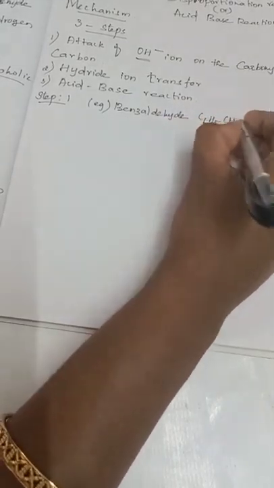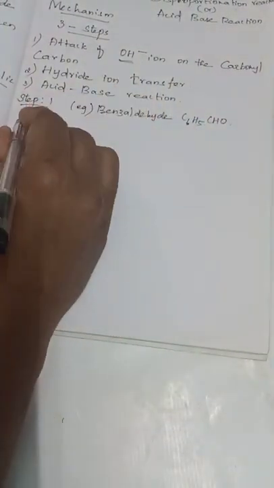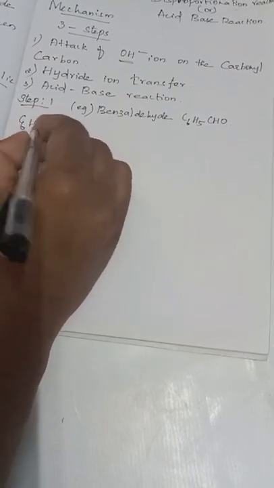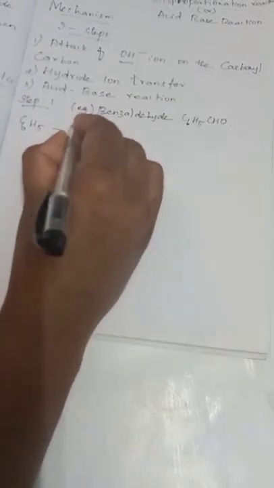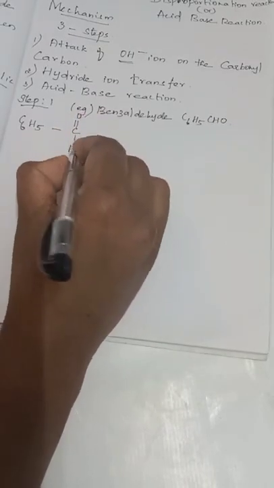You know the formula C6H5CHO, but just for convenience we write benzaldehyde like this: C6H5 single bond, C double bond O, H. In this benzaldehyde, there is no alpha hydrogen atom, right? Now what is the mechanism of the first step?